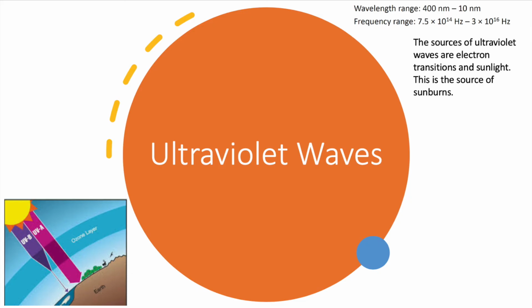Next on the spectrum is ultraviolet waves. They have a wavelength range of 400 nanometers to 10 nanometers and a frequency range of 7.5 times 10 to the 14th hertz to 3 times 10 to the 16th hertz. The sources of ultraviolet waves are electron transitions and sunlight. This is the source of sunburns.